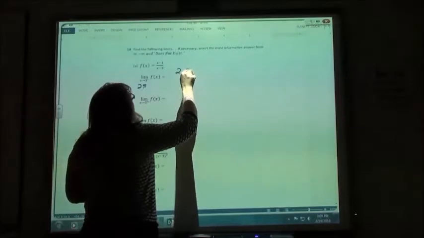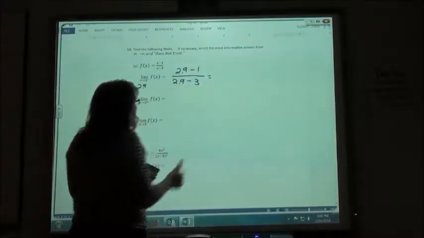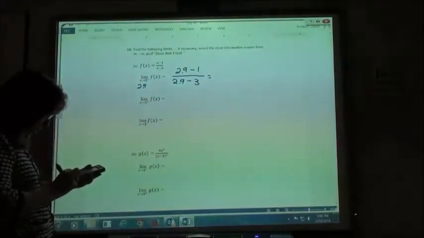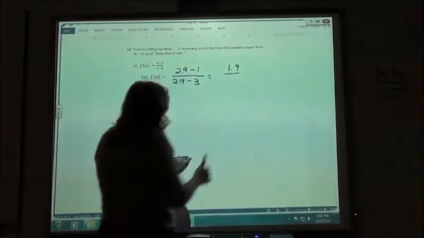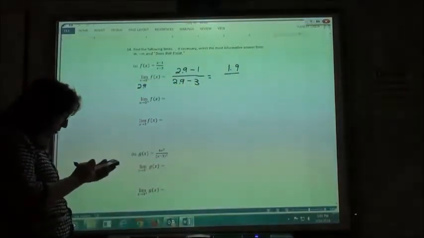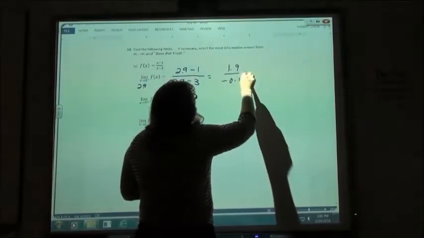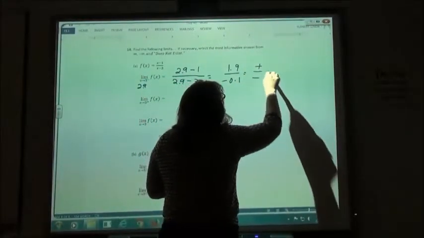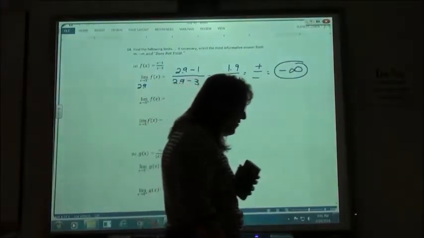So 2.9 minus 1 over 2.9 minus 3. 2.9 minus 1 is 1.9. 2.9 minus 3 is negative 0.1. I have a positive over a negative, which is going to be negative, and so the limit is going to be at negative infinity.